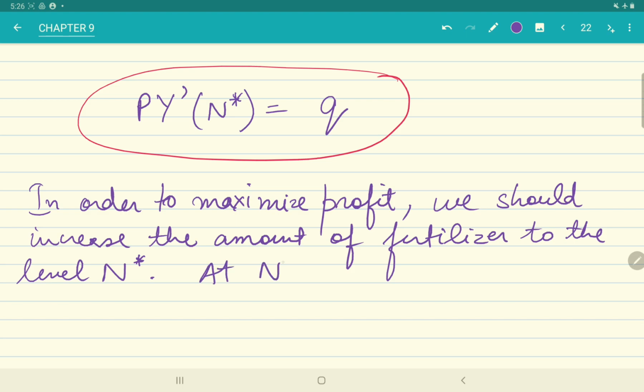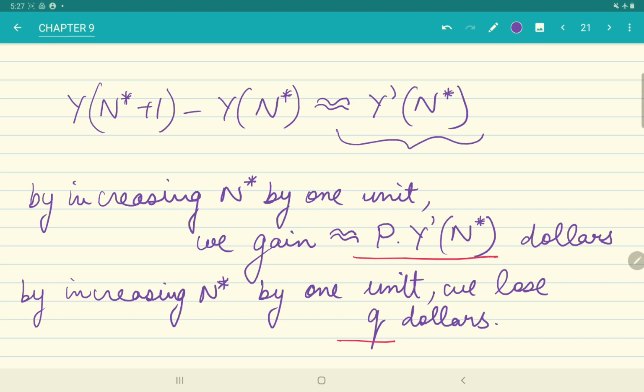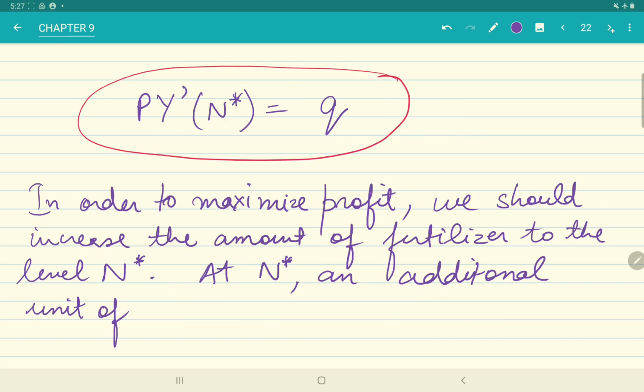At N star, an additional unit of fertilizer, here we see that the gain is this, the loss is this, and at N star, that means an additional unit of fertilizer equates gains and losses.